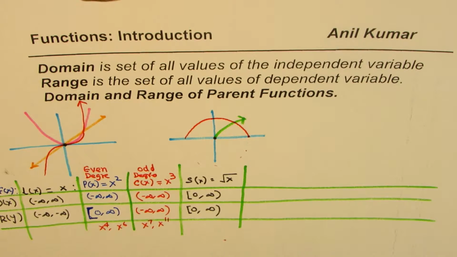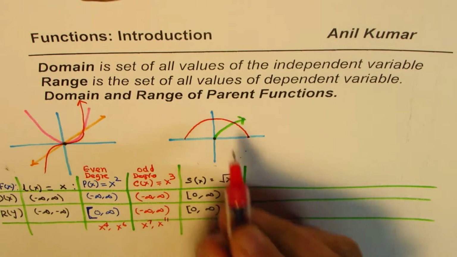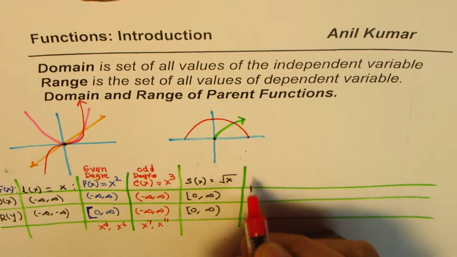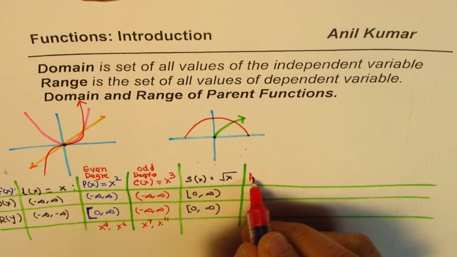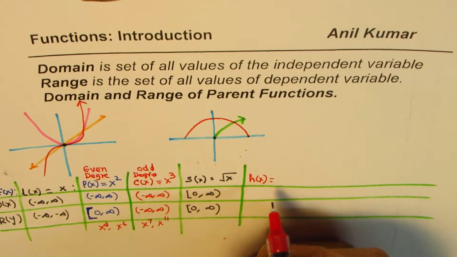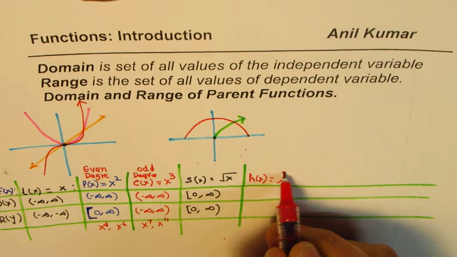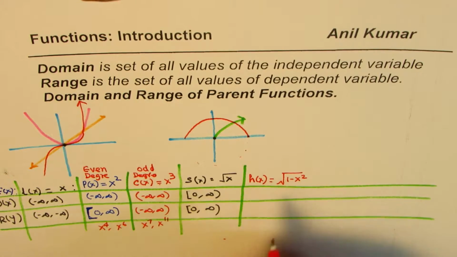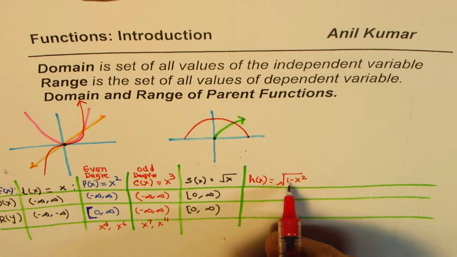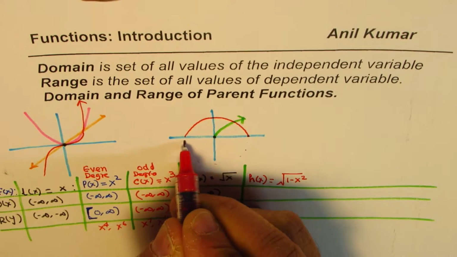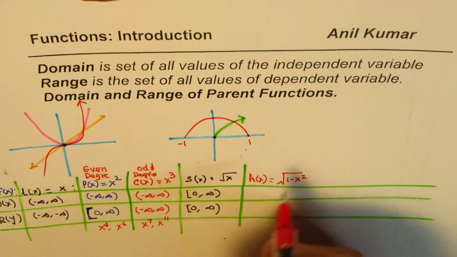We could do that. Now what should be the equation of this? Hemisphere is h, right? So h of x is equal to, let's do some math here. We'll do square root of 1 minus x squared. x squared plus y squared is 1. That's the circle with unit radius, right? So this is minus 1 and plus 1.